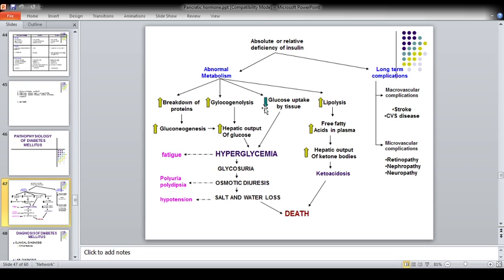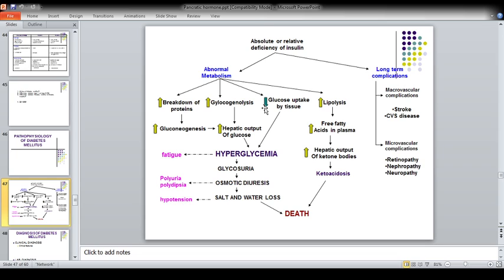So what happens if there is abnormal metabolism of different products due to deficiency or insulin resistance? It would cause increased breakdown of proteins, or proteolysis, in larger amounts, and these proteins would be used to produce new glucose in the liver, that is gluconeogenesis.